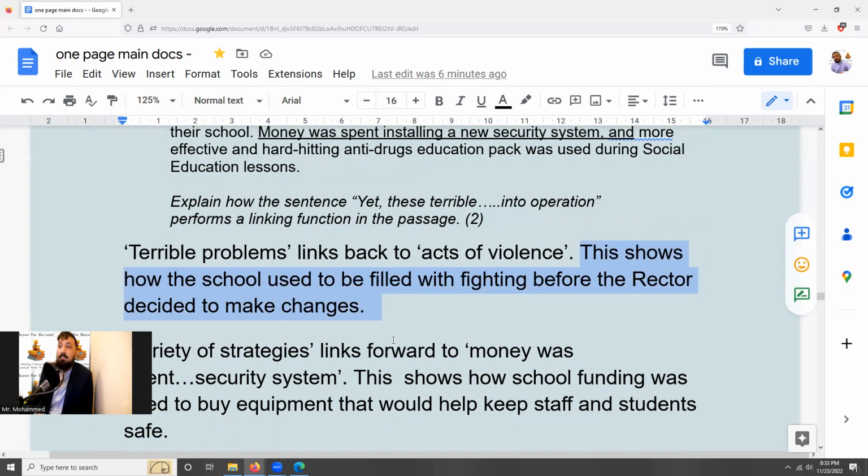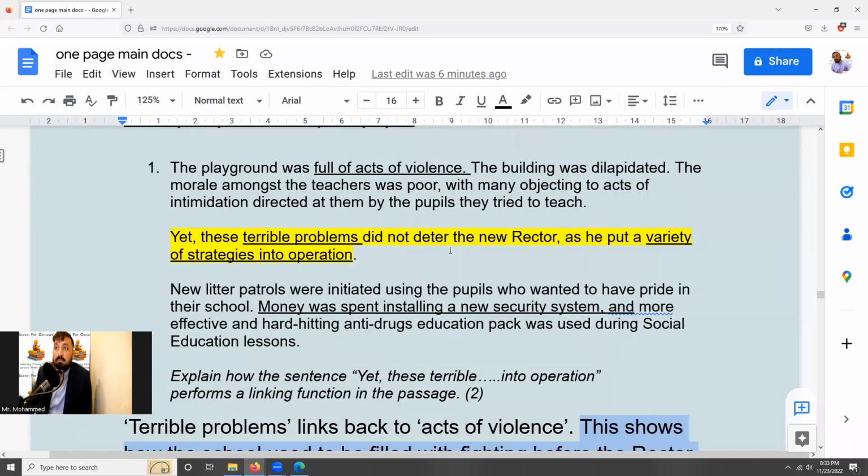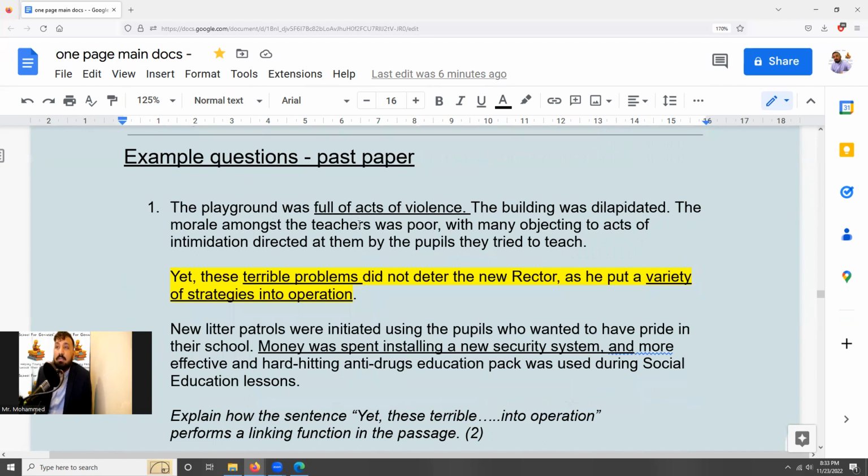Quote part of the link, say it links, and we'll say back, it could be forward, but we'll just say back, whatever it links to. So if it's back to, quote part of the paragraph, and then put it into your own words, explain what the writer says.